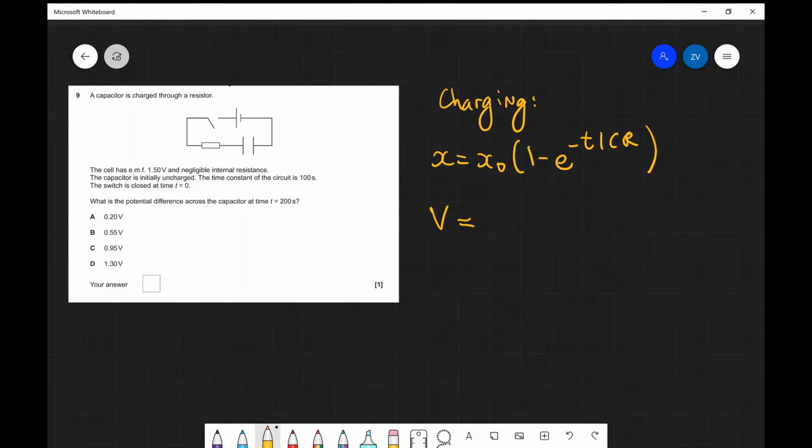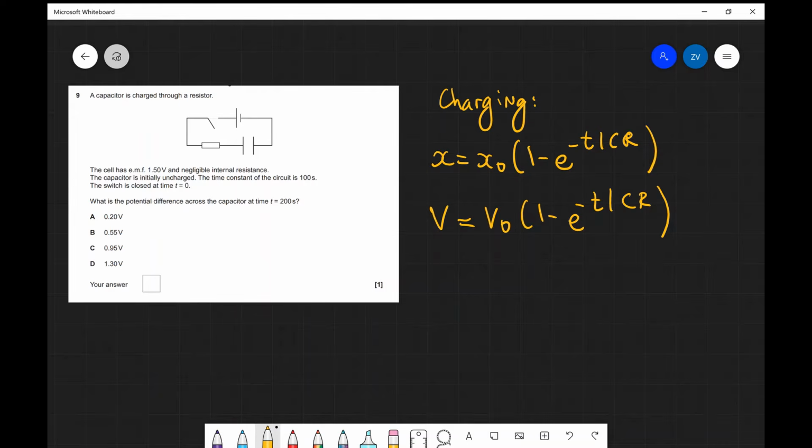So it could also be applied for charge, for example. However, that's why it's given the symbol x, because this formula could apply to a couple of different quantities. But in this case, we're just going to apply it to the voltage. So V is going to equal V naught times 1 minus e to the minus t over CR, like so.